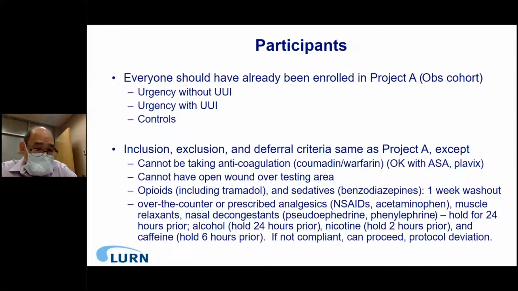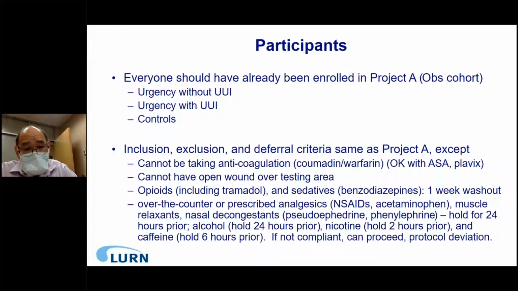The DCC will provide some guidance on how you fill up the cells and what your progress is. The inclusion, exclusion, and defer criteria are pretty much the same as Project A, with some exceptions. For example, participants cannot be taking anticoagulation medications.